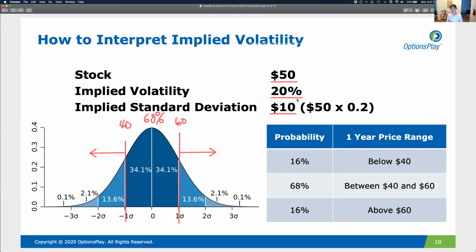And also, when you know that the majority of prices are going to be between, let's say, 40 and 60, that might also help you determine where you should sell perhaps a covered call, a cash secured put, or a credit spread. These are all things that we use as traders to help us determine our strike prices to buy and sell.